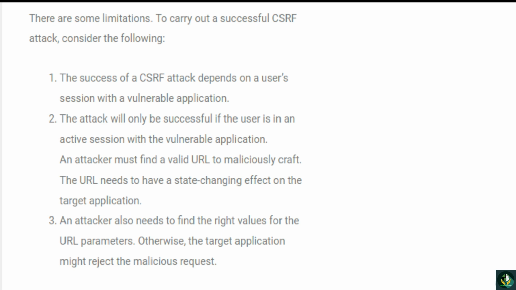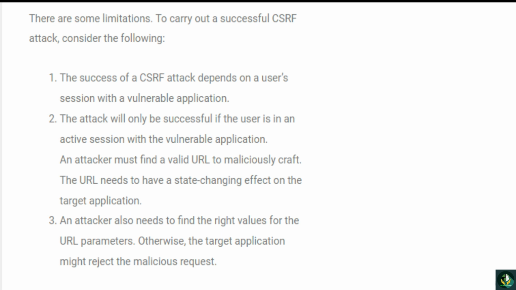there are some limitations to carry out a successful CSRF attack. Consider the following. Number 1, the success of a CSRF attack depends on a user's session with a vulnerable application. The attack will only be successful if the user is in an active session with the vulnerable application.